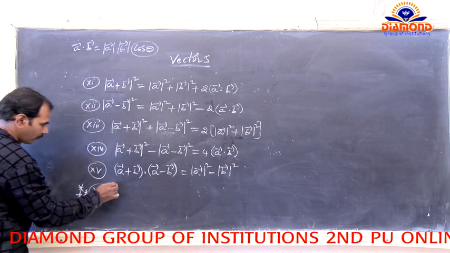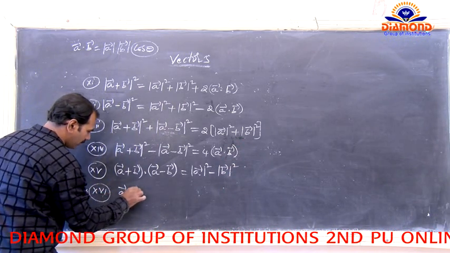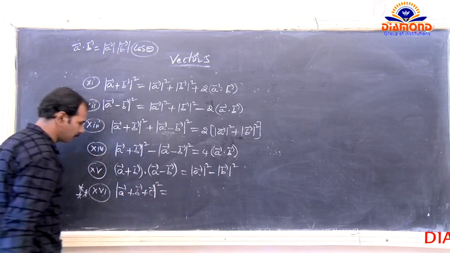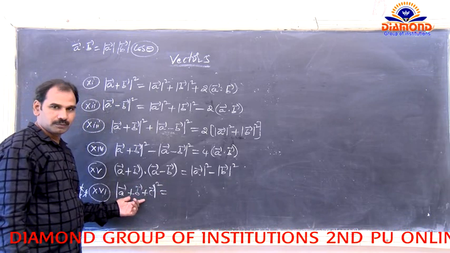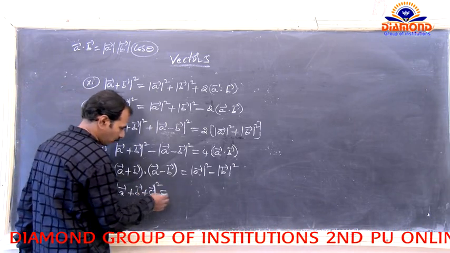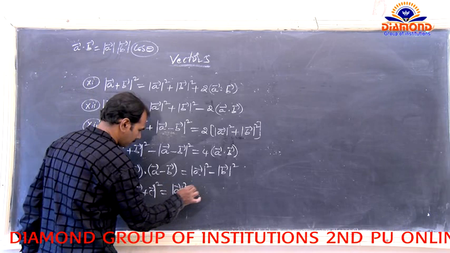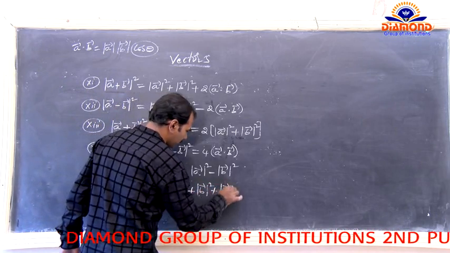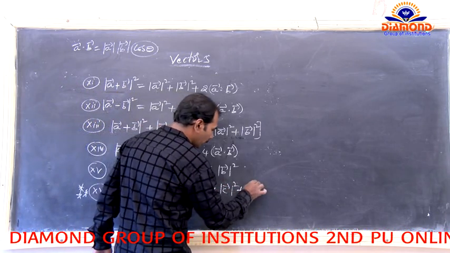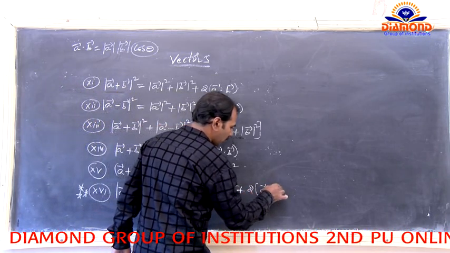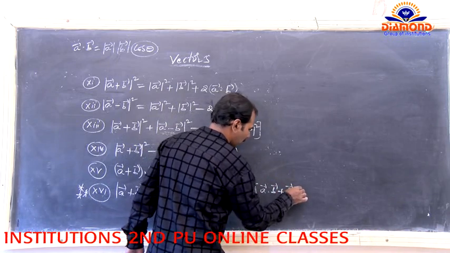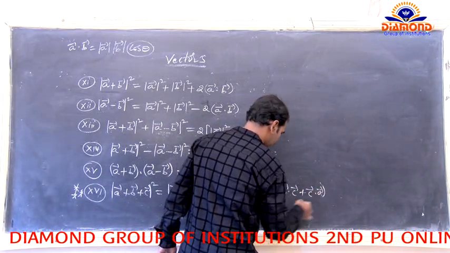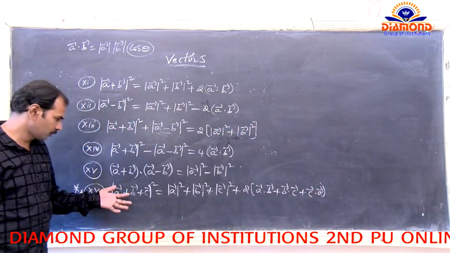Just like magnitude of vector A plus vector B plus vector C whole square equal to... A 2 marks question, very important, is based on this formula. Magnitude of A square plus magnitude of B square plus magnitude of C square plus 2 into (A vector dot B vector plus B vector dot C vector plus C vector dot A vector). So simple.